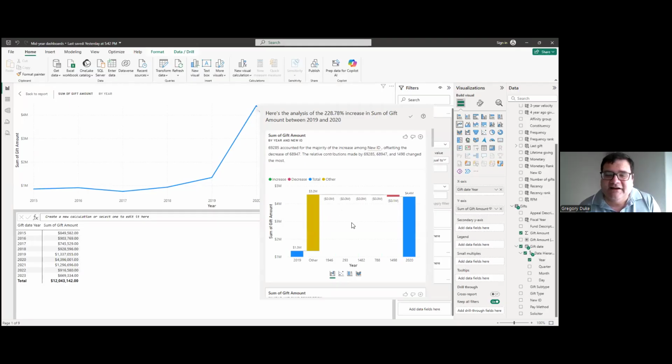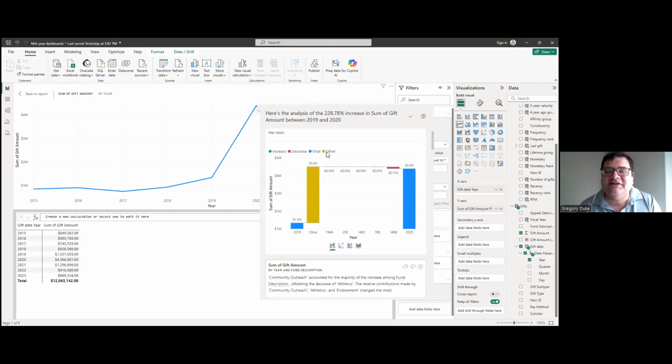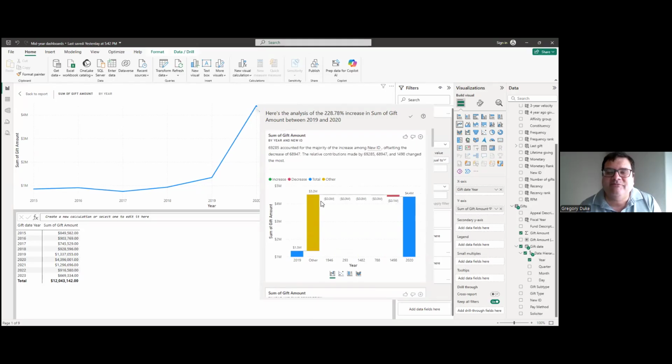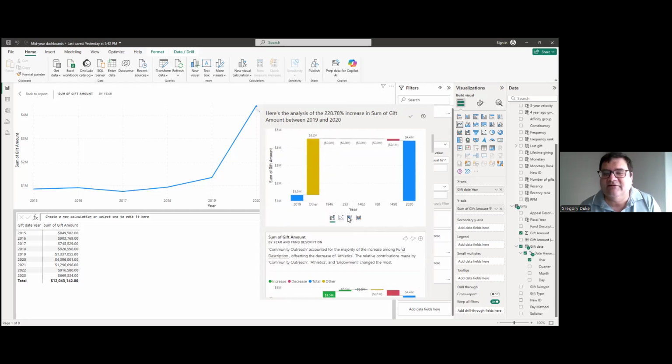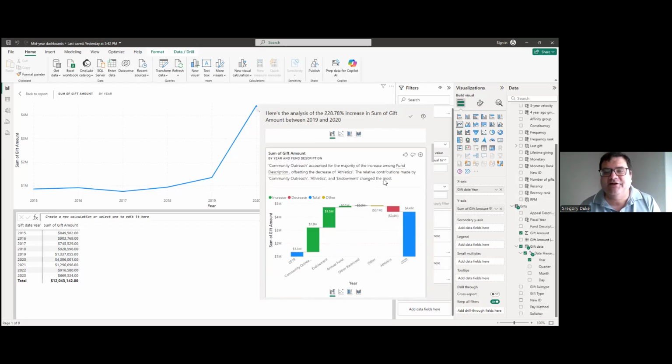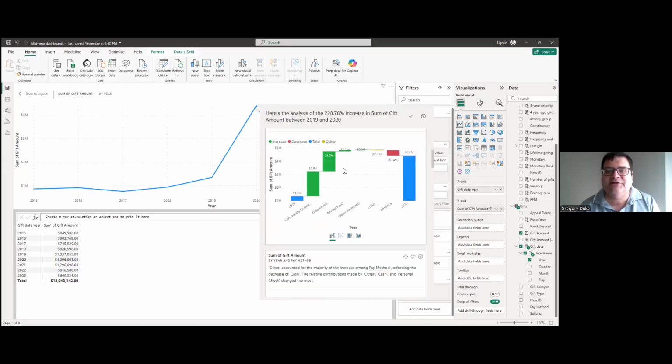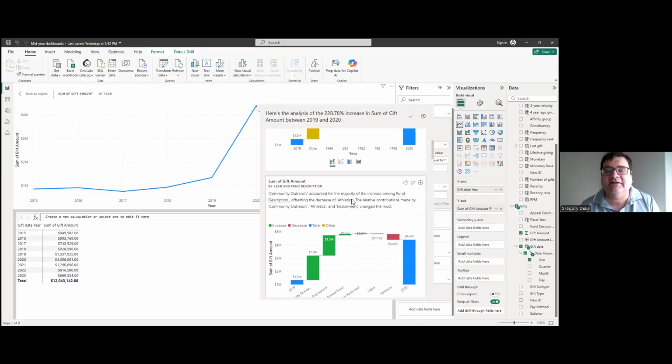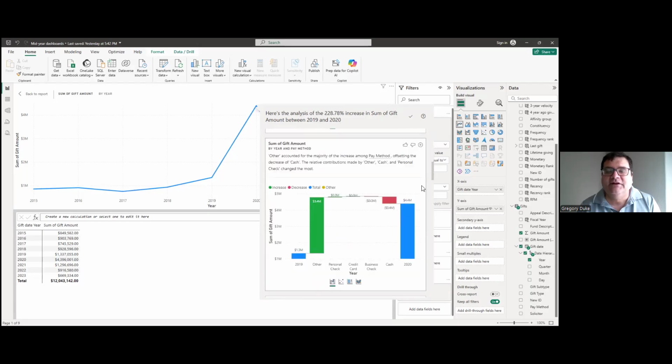And if we look at where this increase came from, I think it's this one right here. Yeah, I think this person actually gave 3.2 million that year, which really explains the increase. We can also see what funds did better that year, what funds did worse by looking at this sum of gift amount.